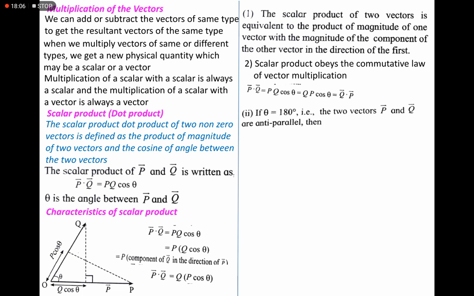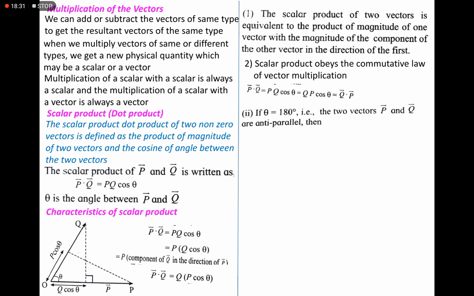If theta is equal to 180 degrees, now the angle between the vectors is 180 degrees, then p bar and q bar are anti-parallel.